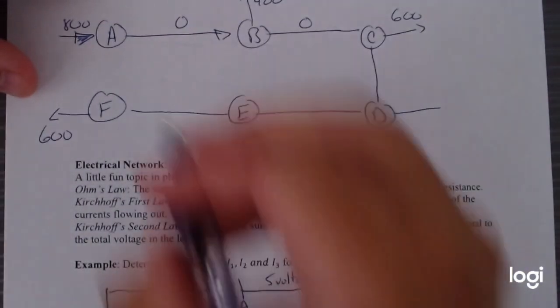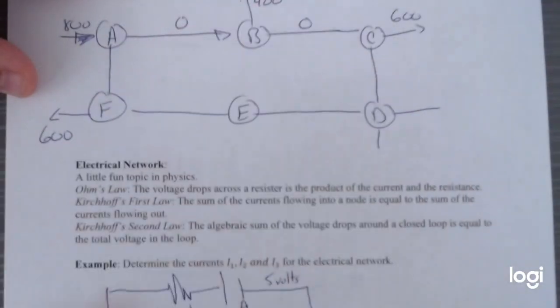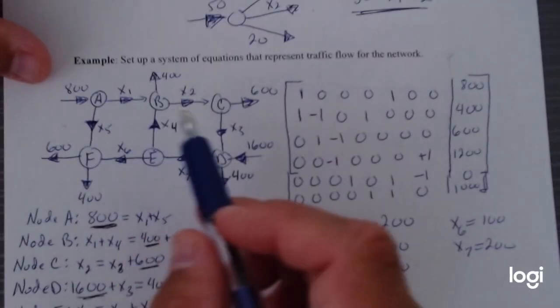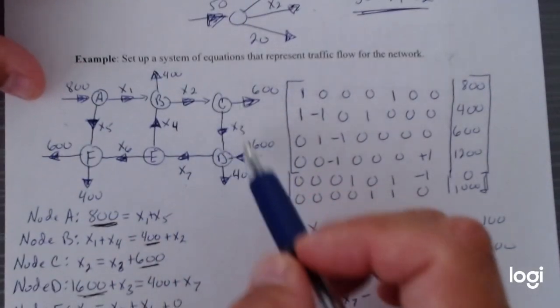Okay, so let's see what's happening. So flow in must equal flow out, right, in that portion. So let's go back over here. So if these are 0, somehow things have to balance everything out, right?